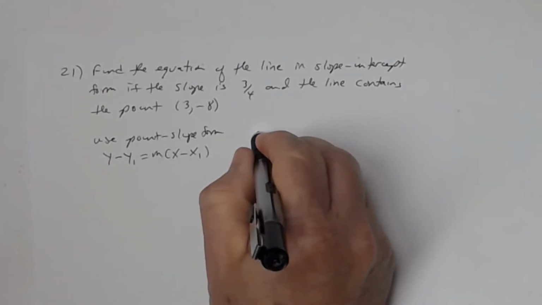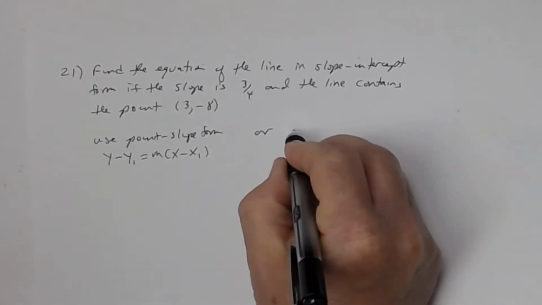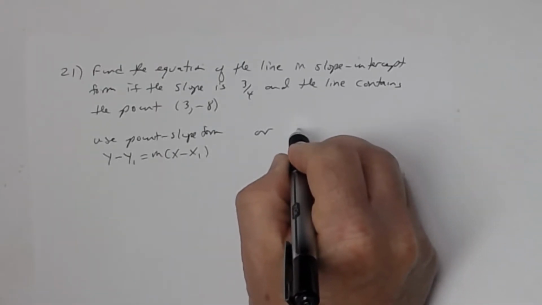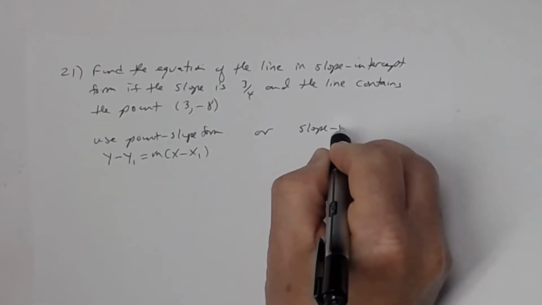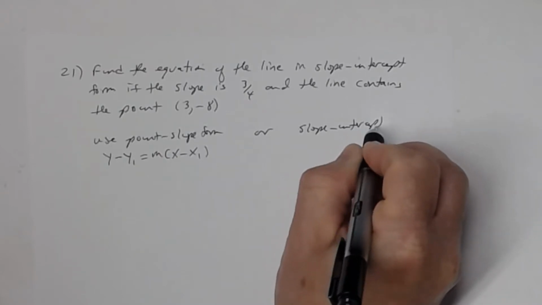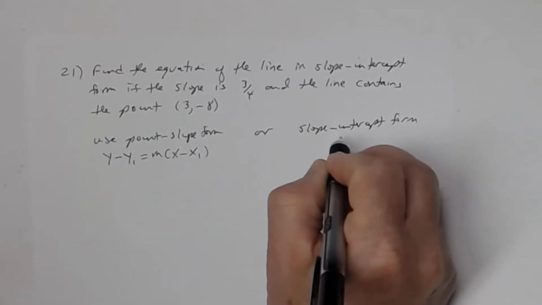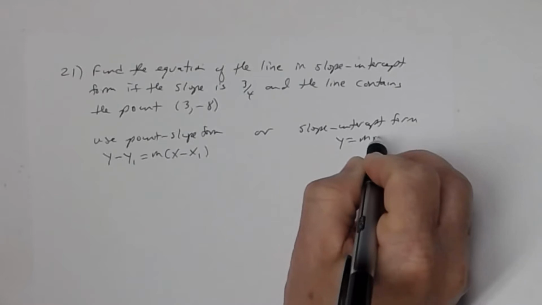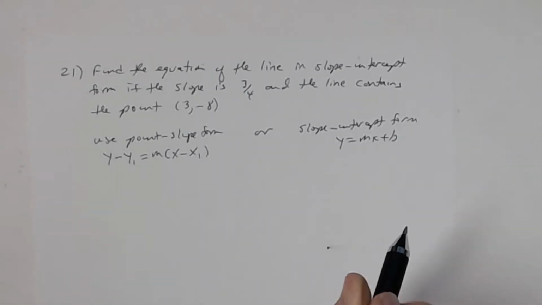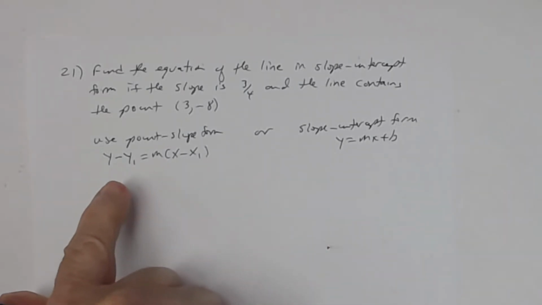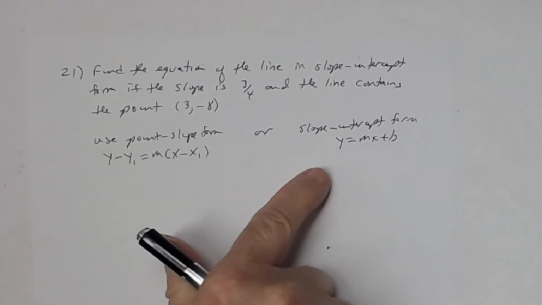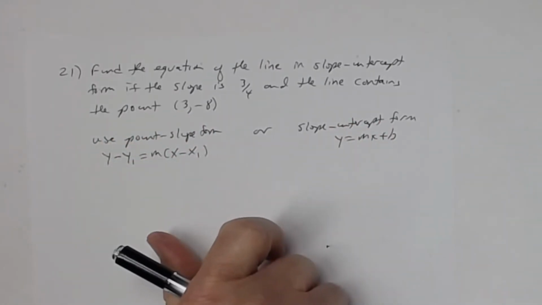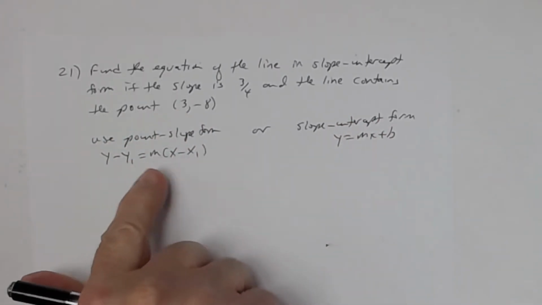The other approach is to use slope-intercept form. And remember, slope-intercept form is y equals mx plus b. All right, so either approach would be fine. So you could do it this way or you could do it this way. Okay? All right, now let's do the first approach.